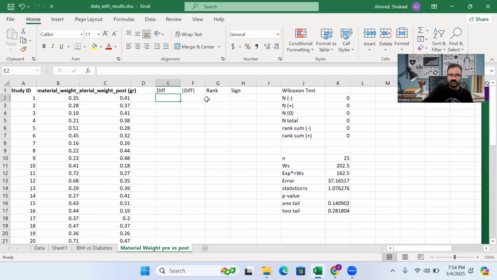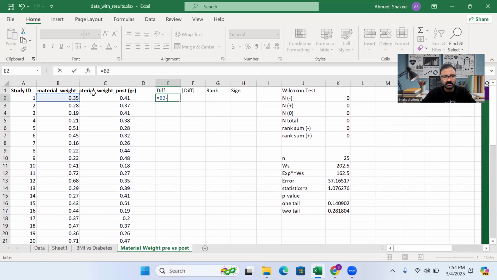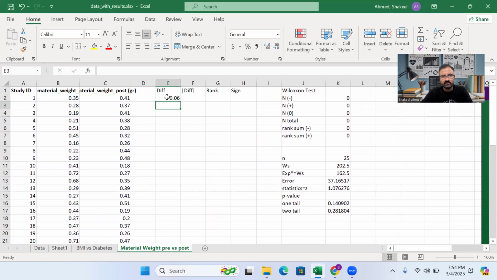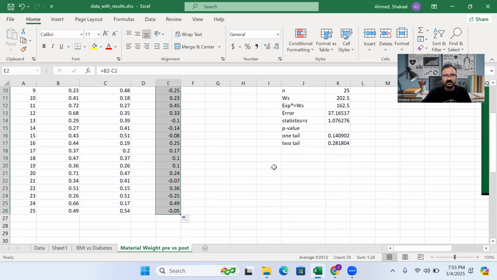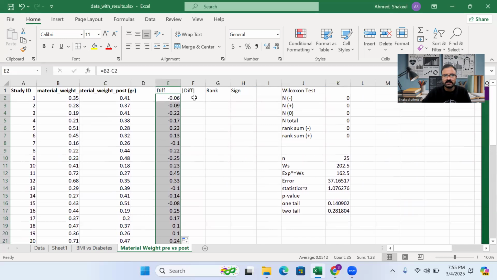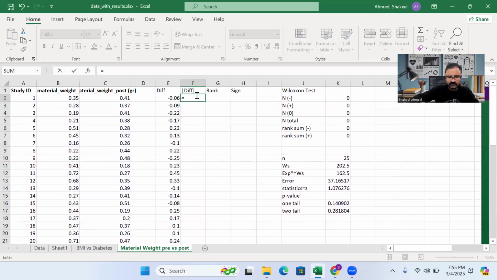We first need to find the difference, whatever you want to find, second observation minus first, or first observation minus second. It's up to you. We can just find the differences. Just drag down. These are the differences, and then take the absolute of the differences.